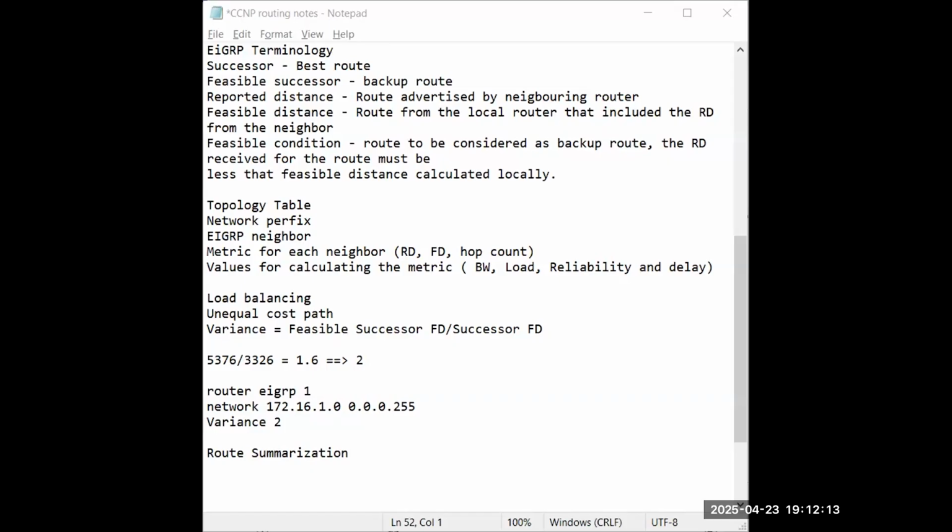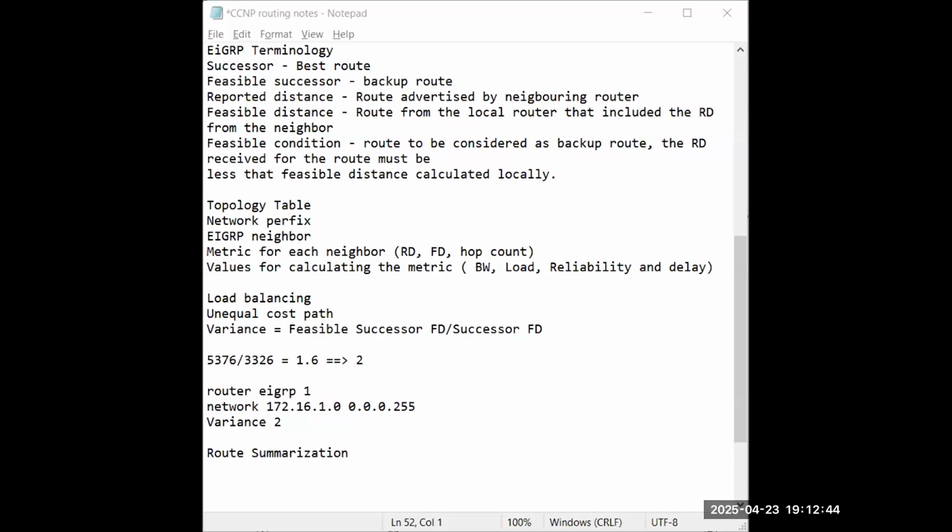Say, for example, we have 3 routes to reach the same destination. Instead of sending 3 different network prefix routes, we are going to send it as one. Summarization is possible only if the networks belong to the same class. If one belongs to class A and one belongs to class C, then summarization cannot happen.